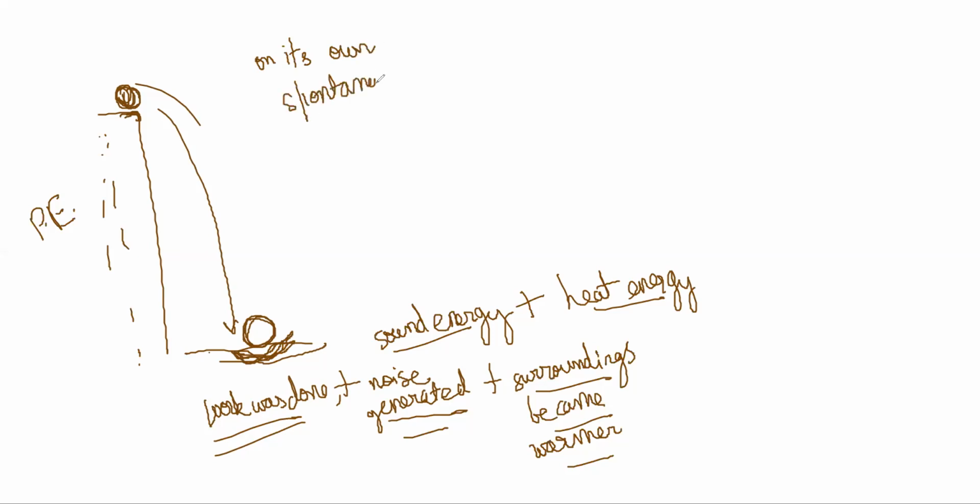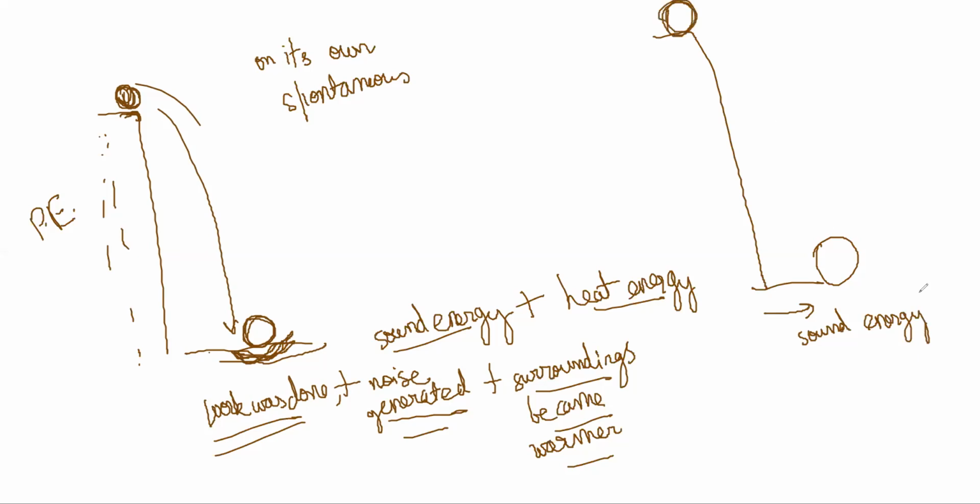Now, what we don't ever see, and you can correct me if I'm wrong, is a stone on the ground gathering up some sound energy and heat energy from the surroundings and flying up to the top of the building. Gathering up enough sound energy, heat energy and so on from the surroundings, and using that energy to go up to the top of the building.